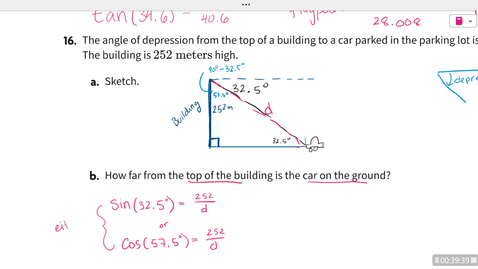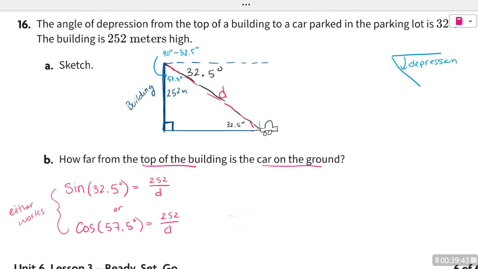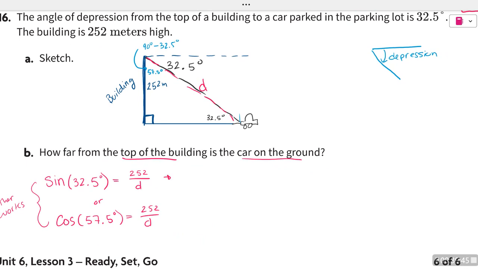It doesn't matter which one you pick. For this one, we'd end up with d equals 252 divided by sine of 32.5 degrees. And for this one, it would be d equals 252 divided by cosine of 57.5 degrees. Right? So it doesn't matter which one you choose.